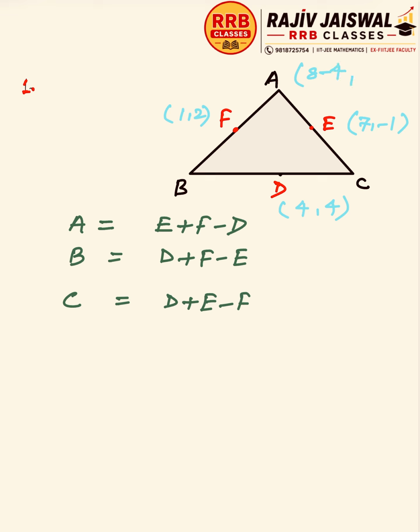This is the x coordinate of vertex A. Similarly for the y coordinate, add 2 plus -1, which is 1, and then minus 4. Finally, you get the vertex A as (4, -3). Similarly, we can find vertices B and C.